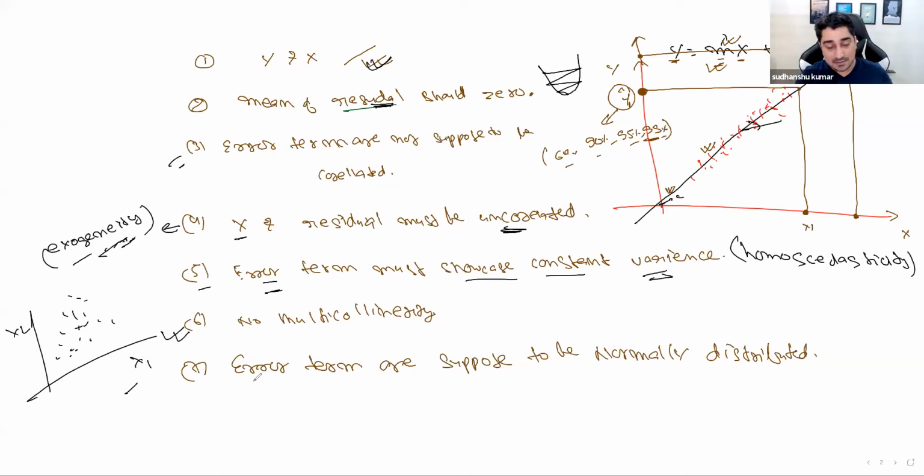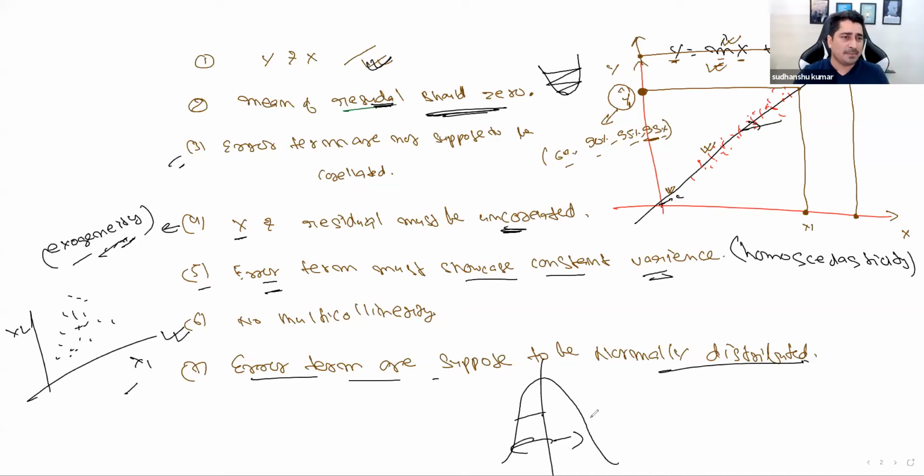The last point says that error terms are supposed to be normally distributed. Which is again derived from here, because mean is equal to 0. In a standard normal distribution, it simply means that in both directions it should be distributed equally. So let's suppose I'm trying to find y is equal to mx plus c, the values of m and c.